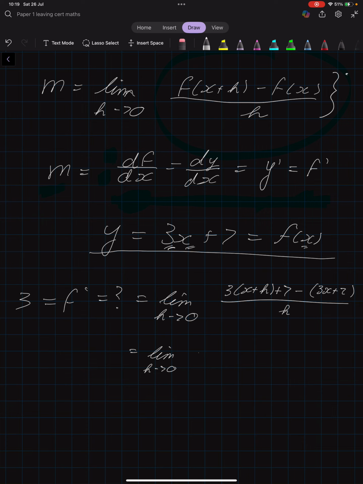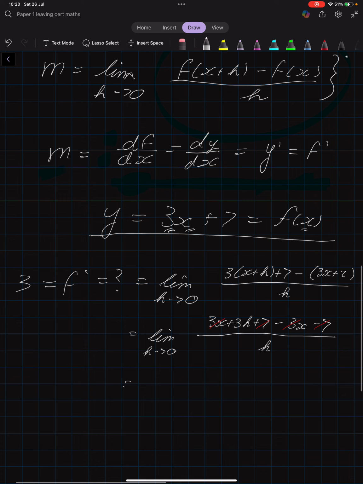Limit as h goes to 0 of, this is going to be 3x plus 3h plus 7 minus 3x minus 7. Now, the plus 7 and the minus 7 cancel. The 3x and the minus 3x cancel. So I'm just left with 3h over h, which is equal to the limit as h goes to 0 of 3h divided by h, which is just 3.